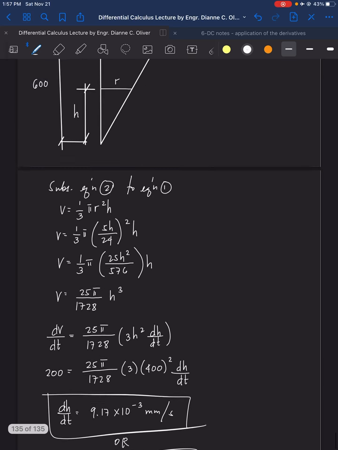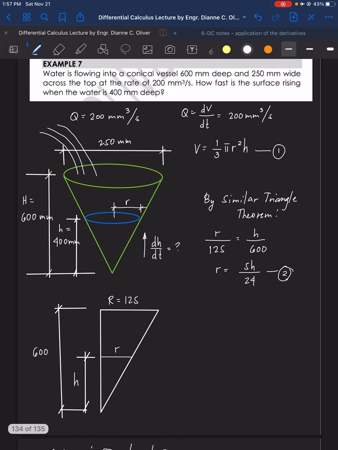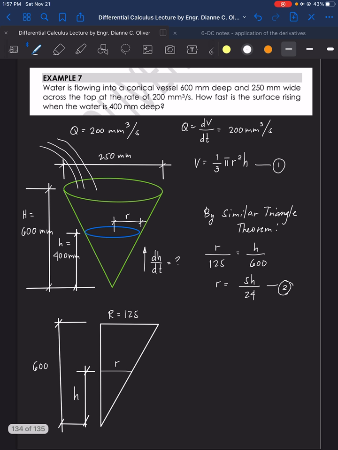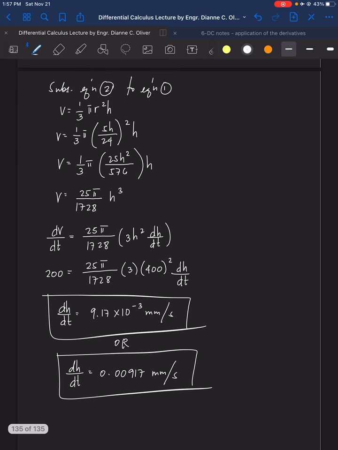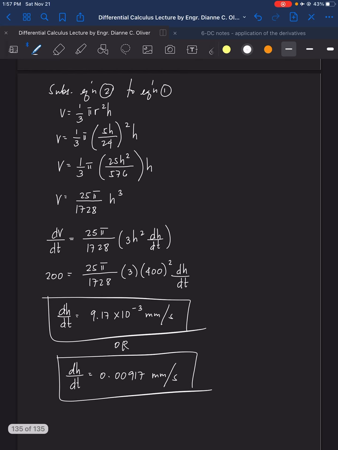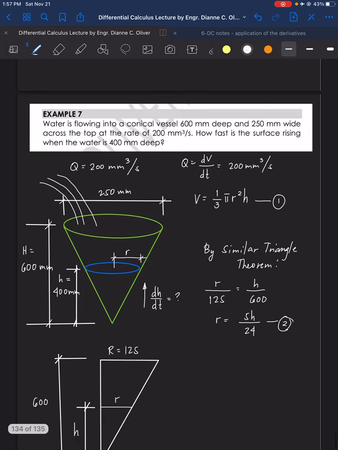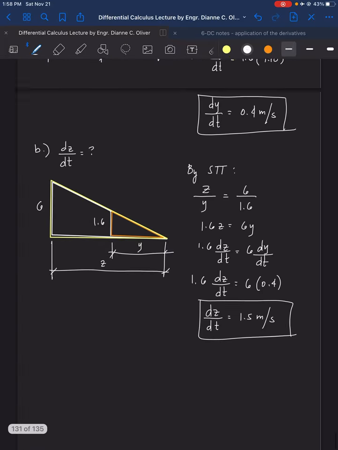So that is our example number 7. So that's all for the discussion of time rates.